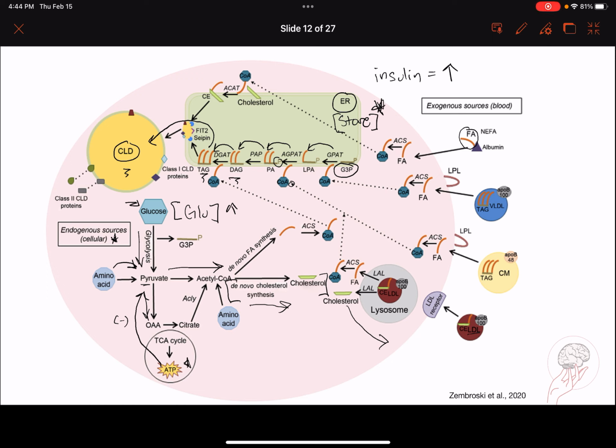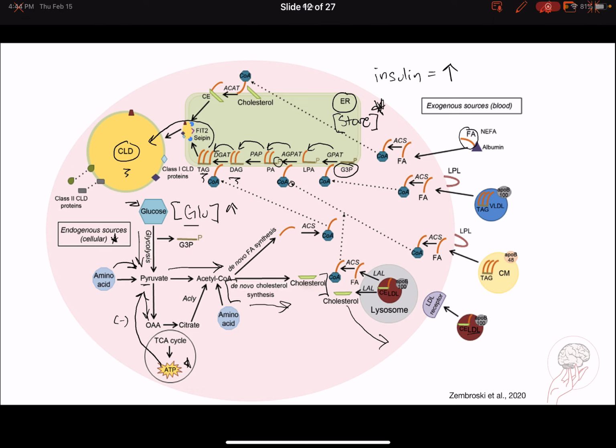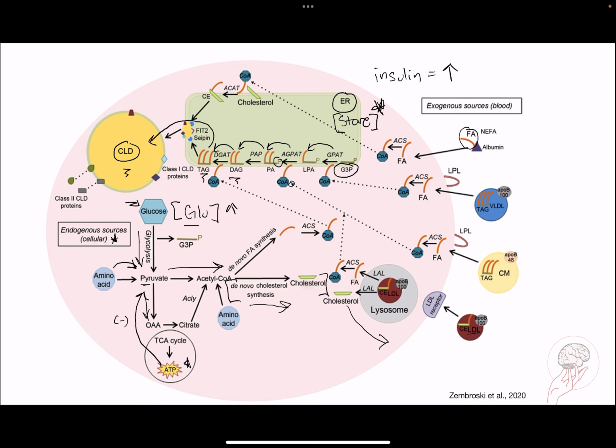So, in summary, if we have a lot of glucose, we're going to store any fats that we're consuming. Insulin will be high. If we have so much glucose that we can't use all of it in the TCA cycle or in oxphos, we're going to put it into de novo fatty acid synthesis.